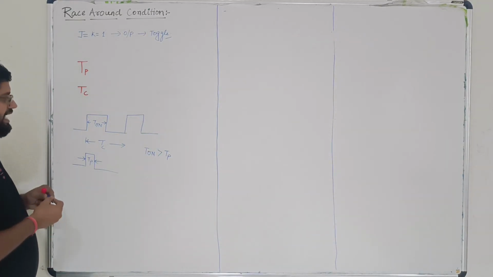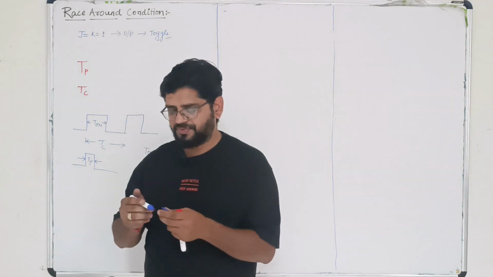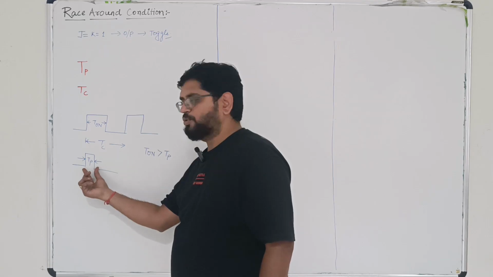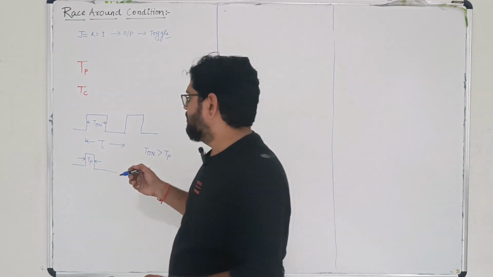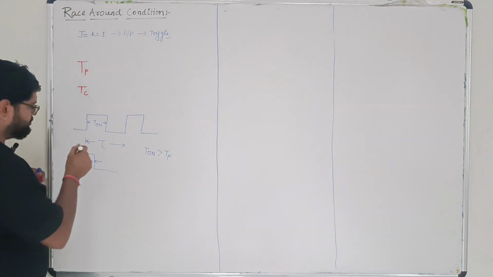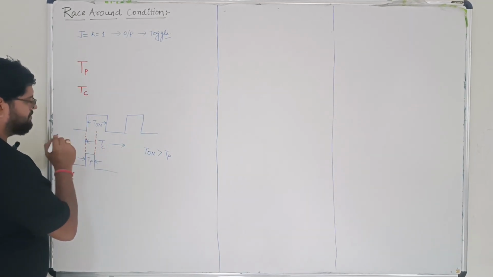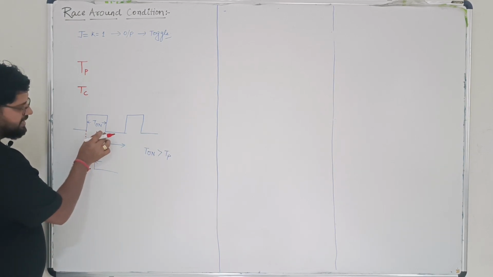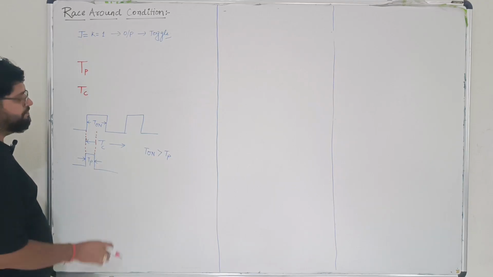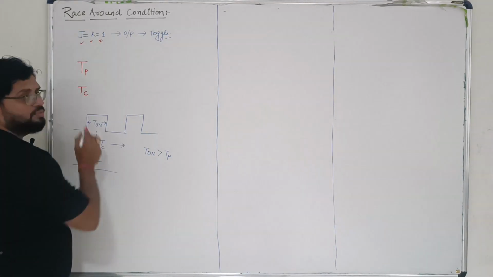Then in that case, what happens? Try to understand the problem. You are getting the output within this range of time period, but up to this time also your clock remains in the higher state, and we know that at that time J is also 1 and K is also 1.